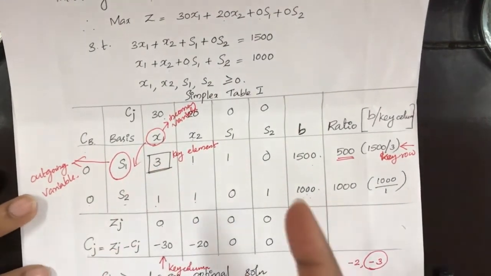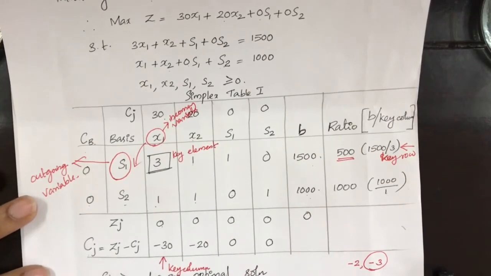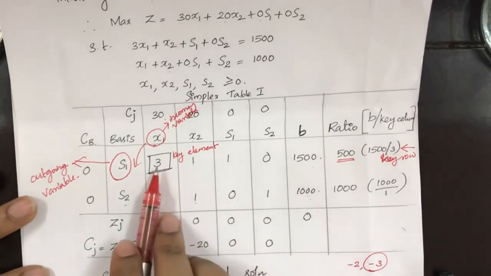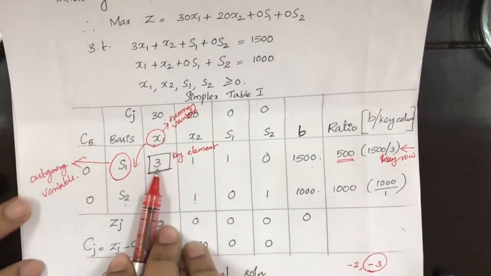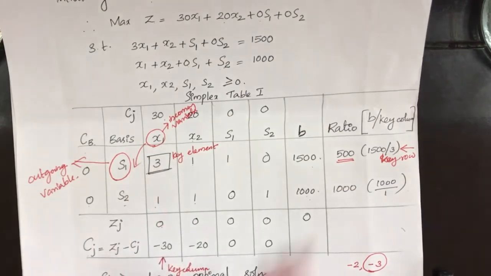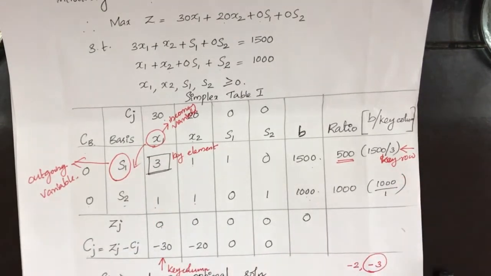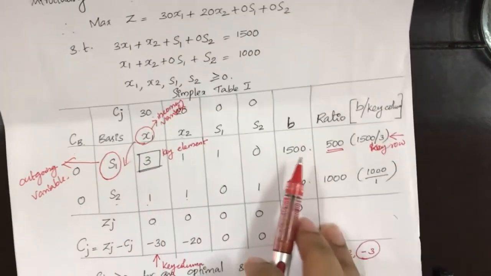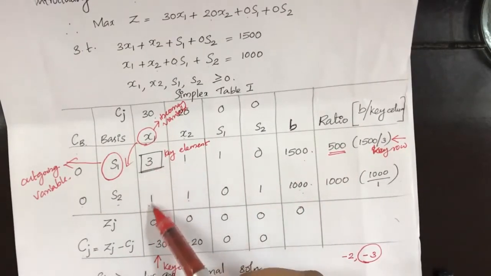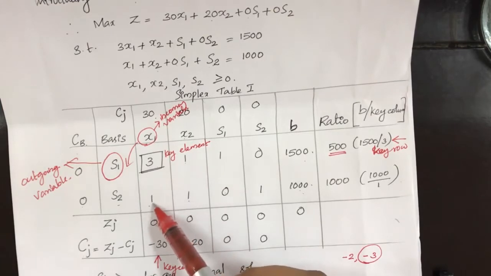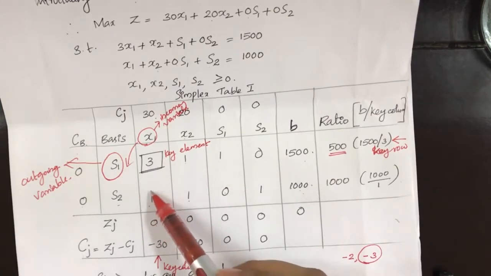In the next iteration, when we prepare simplex table 2, we need to make this key element 1. We need to make this 3 as 1 by row transformation only, not column transformation. We need to make this 3 as 1 and all other elements in this column, that is this one, as 0.